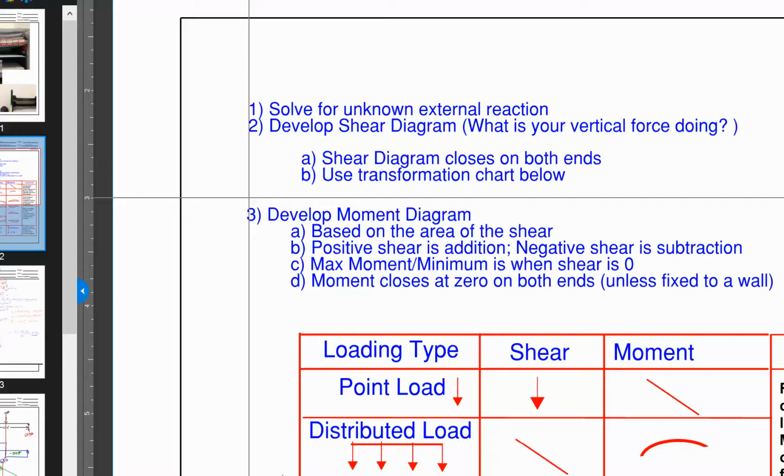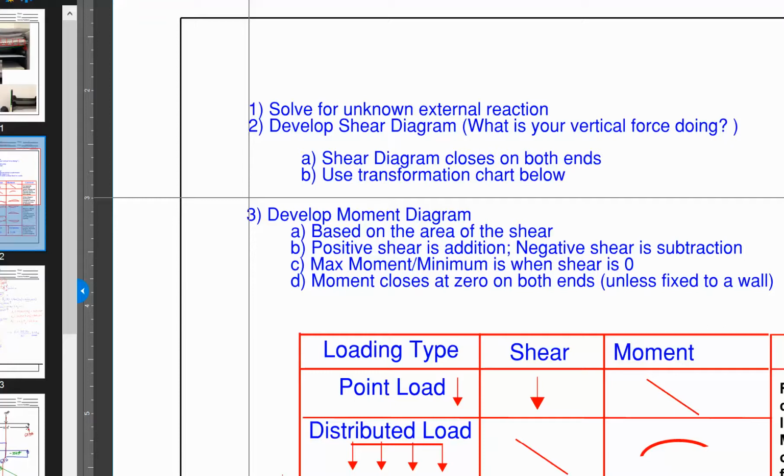Mathematically, when we're taking an integral and finding where the value is 0, you knew that meant the maximum or the minimum. That same mathematics corresponds back to the shear moment diagram, because it's all related.